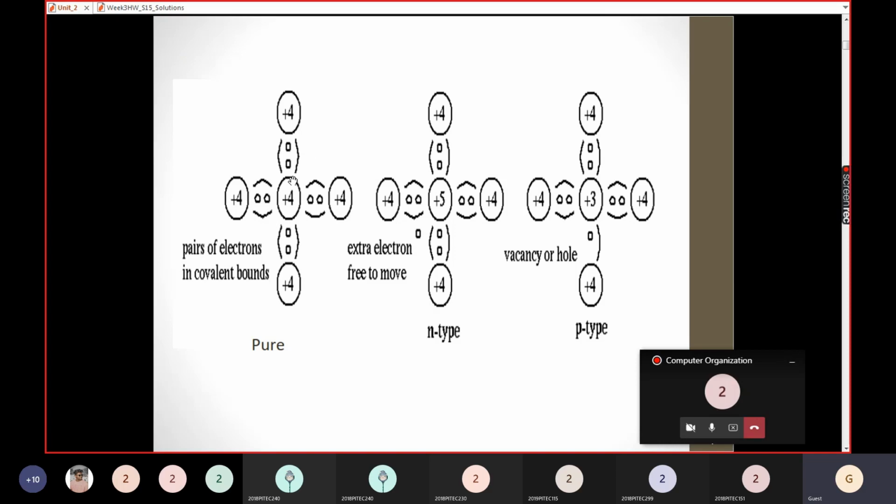But in the right-hand diagram, the impure semiconductor, which is called an extrinsic semiconductor, whether it is germanium or silicon, the basic thing here is that both N type and P type have unbonded carriers. As I have already told you, unbonded means all electrons and all holes are not combined with each other.